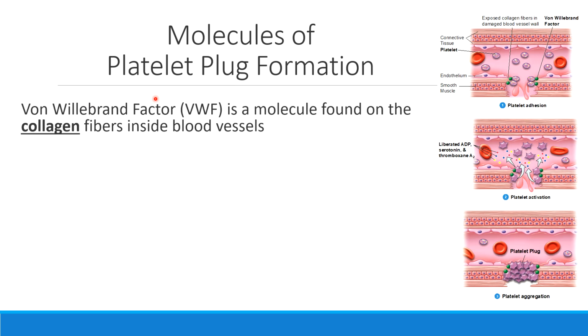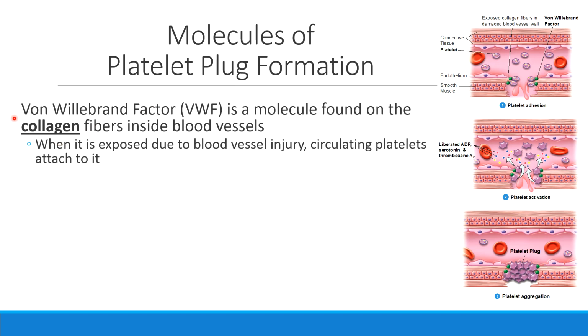Von Willebrand factor is the molecule that's attached to the collagen fibers that are inside your blood vessel walls. When the blood vessel wall is damaged because of a cut or because of a bruise, these collagen fibers are exposed with von Willebrand factor. That factor is attractive to your circulating platelets. They're going to go grab it and attach to the collagen.